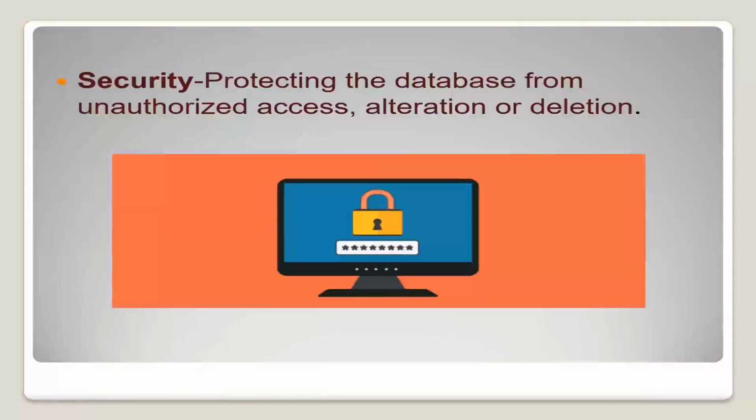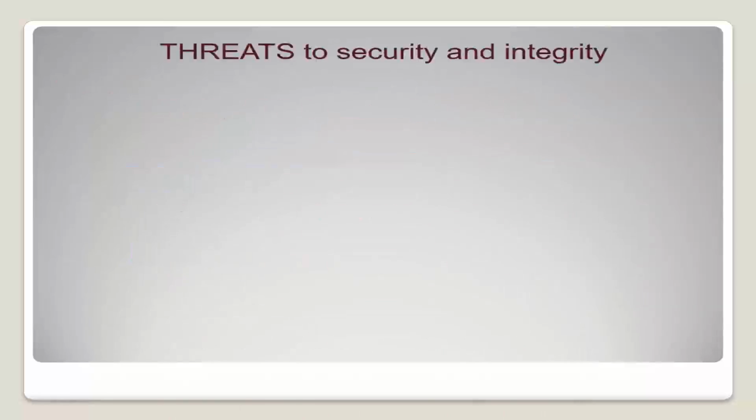Now, what are the various threats to security and integrity? Here, a threat is any situation, event, or personnel that will adversely affect the database security and the smooth and efficient functioning of the organization. A threat to a database may be intentional or accidental.